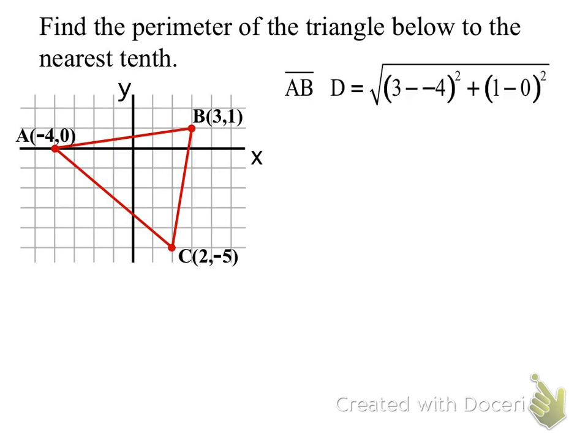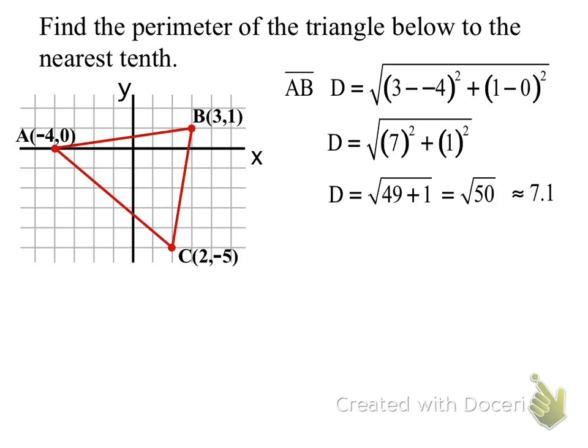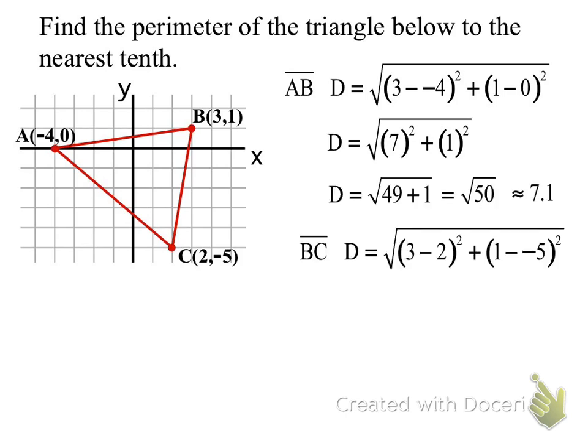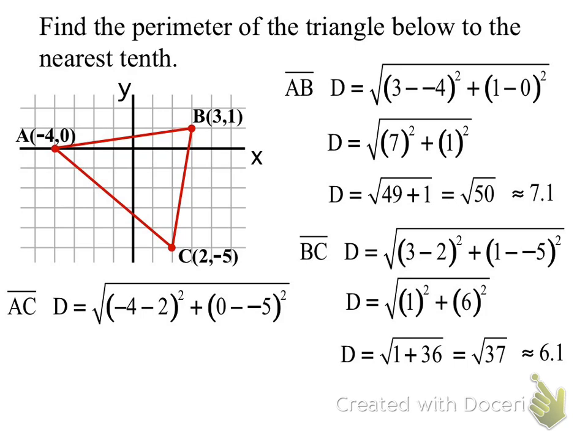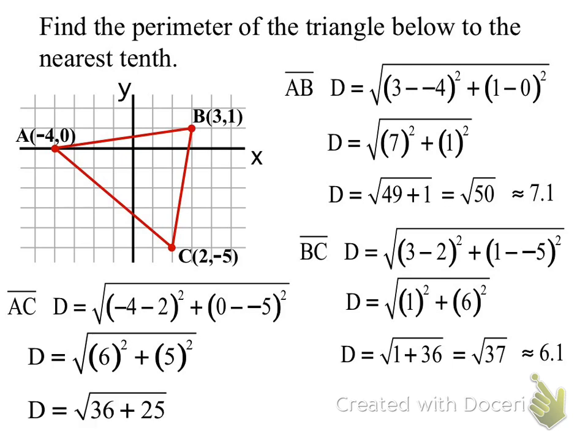From A to B, we can use the points there. From B to C, we just use those ordered pairs. And then from A to C, line segment AC, we're just using those 2 ordered pairs in the distance formula. Do you understand what I'm talking about?